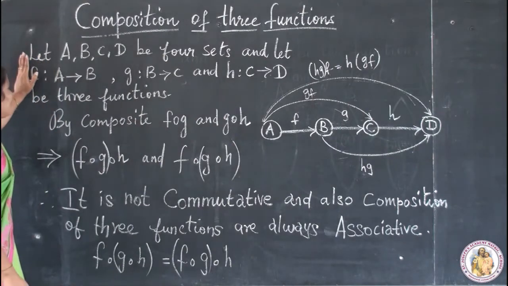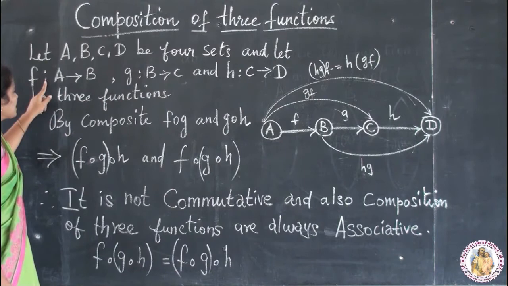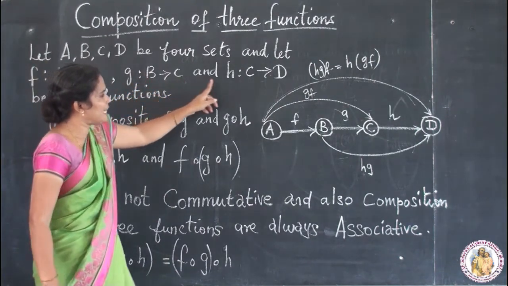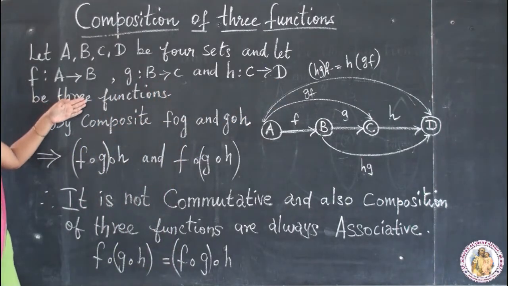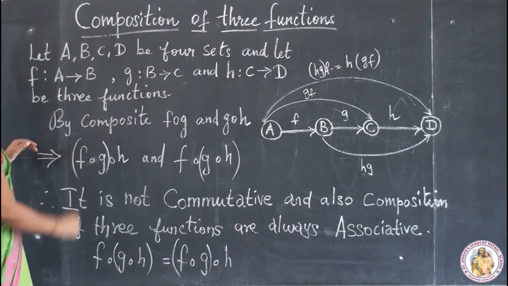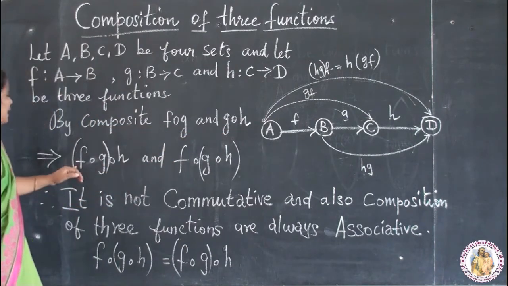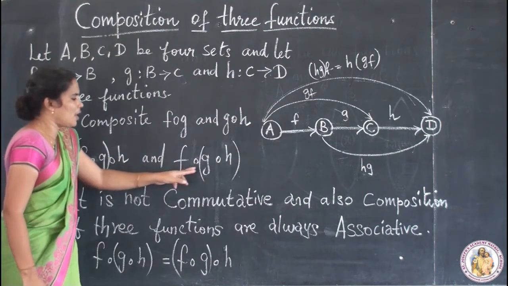To make it clear, let A, B, C, D be the four sets, and let f such that A to B, g such that B to C, and h such that C to D be the three functions. As we learned already, by the composition we get h of g of f.